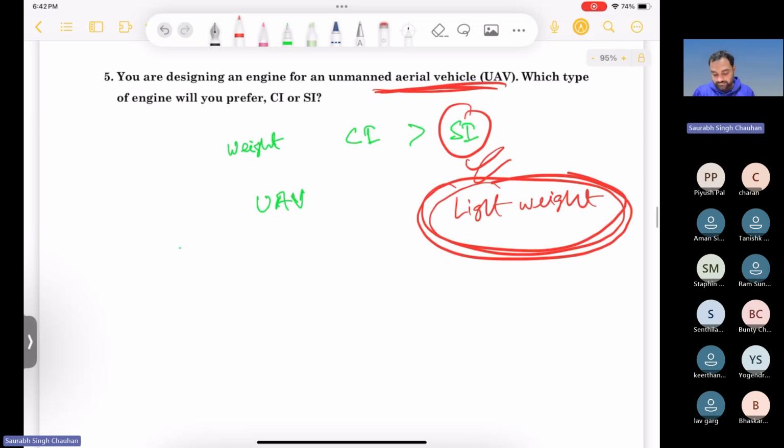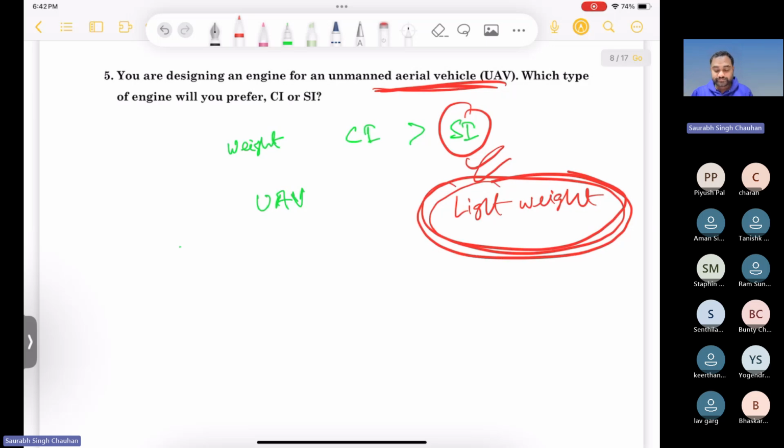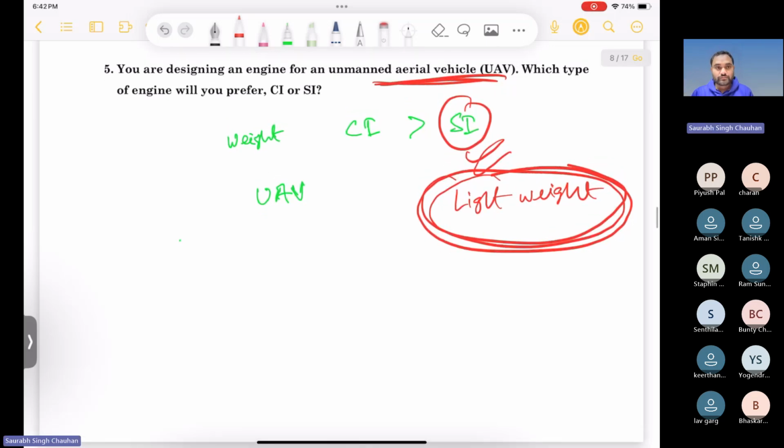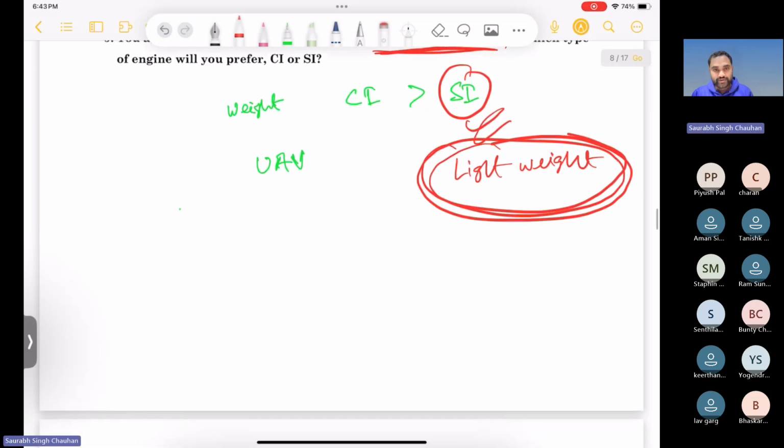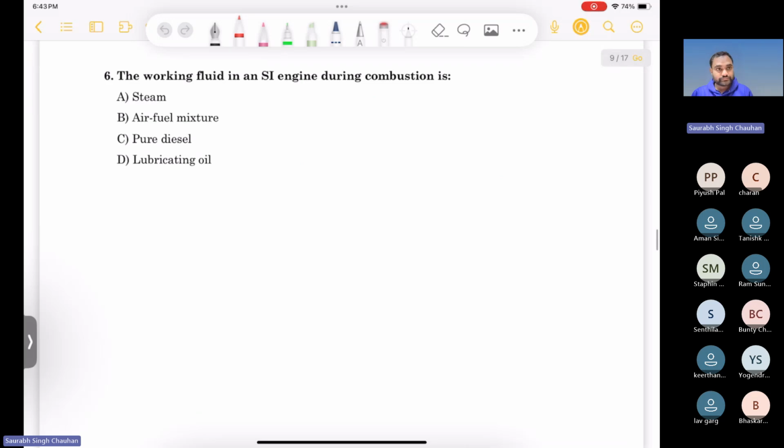But if you have seen some old lawn mowers, they are run by an engine. So they are also SI engines, because you need to hold that in your hand and move it here and there. If it is a CI engine, then it will be very heavy and very difficult to operate. So in those types of grass cutters also you are using an SI engine. Whenever you require lightweight, you go for an SI engine. So I hope this is clear on a weight basis.